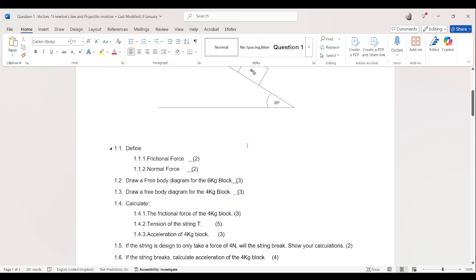Now define frictional force. A frictional force is a resisting force of two objects sliding past each other. Let me write it down.